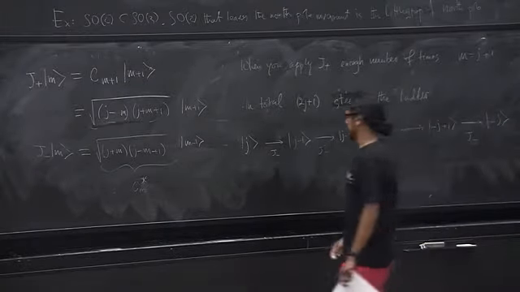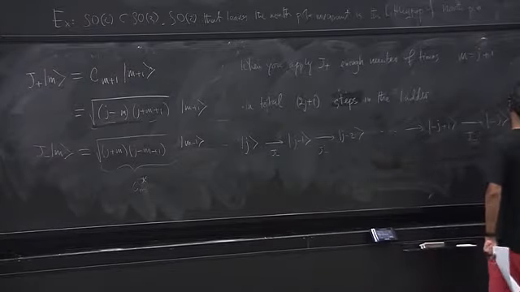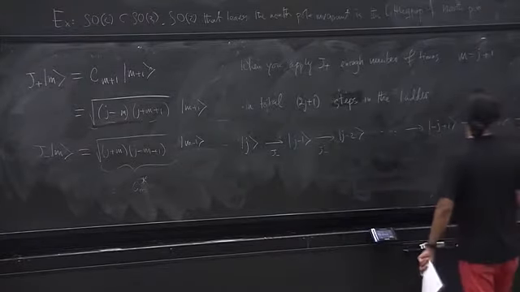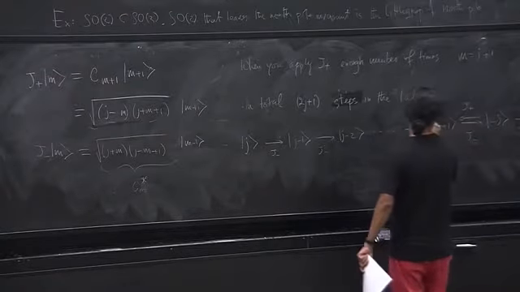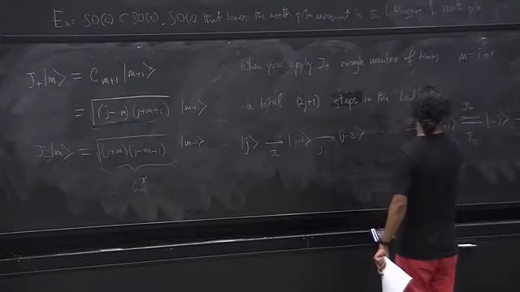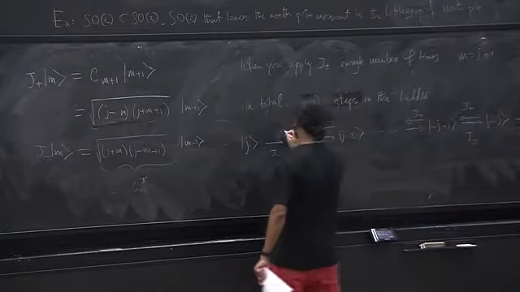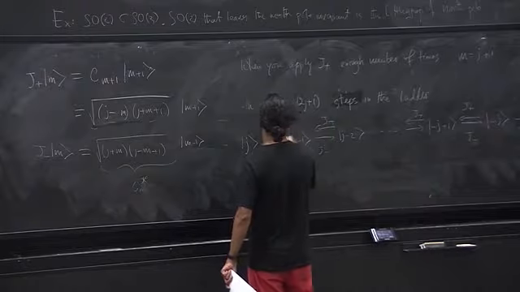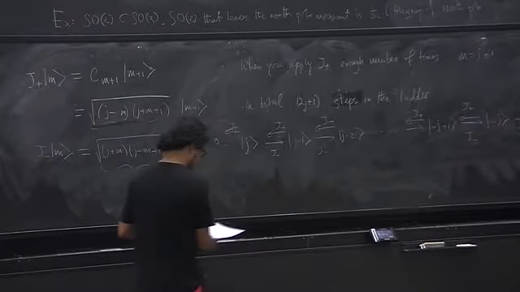And if you apply J minus again, you get to 0. And if you want to go the other way, you have J plus. Sorry, I'm belaboring the point, but if I go beyond this, I get 0 again. All right.